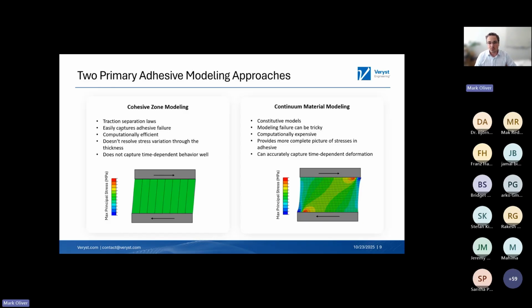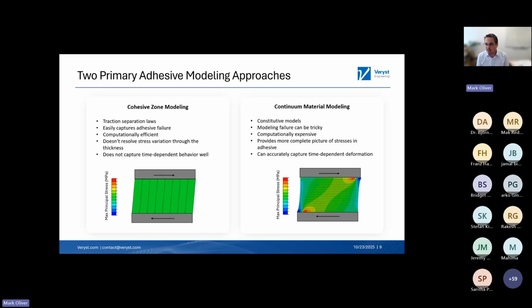These models really excel at predicting adhesive failure. They're geared towards understanding how material behaves in an overload scenario, and how damage will initiate and then propagate in an adhesive. They are very computationally efficient. The limitations are that they don't resolve stress through the thickness. You have one element through the thickness, and you do not really capture time-dependent behavior that well.